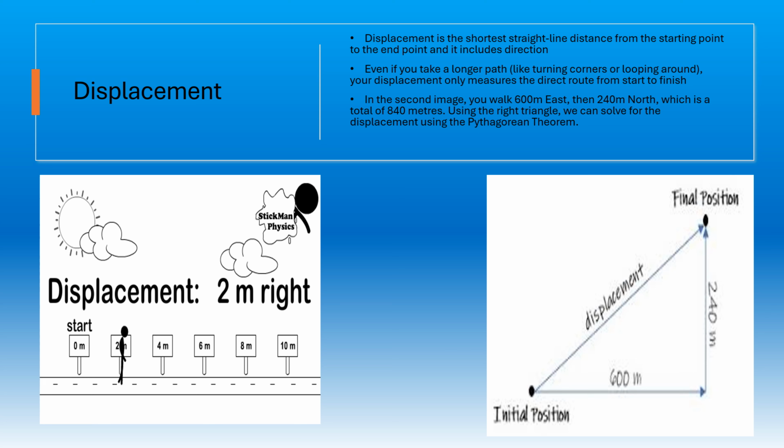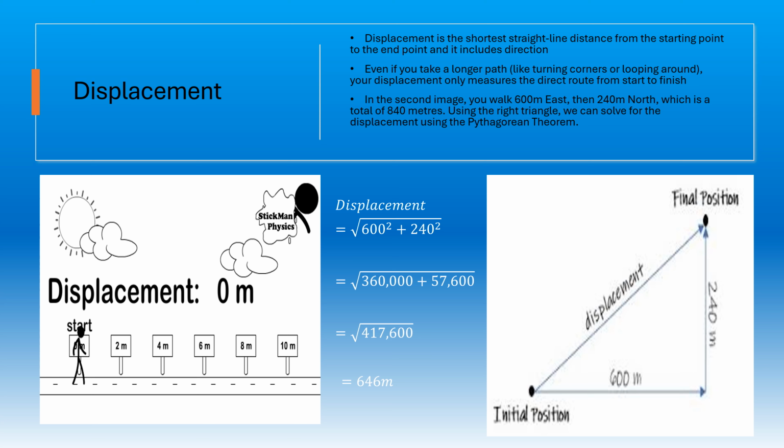The displacement would be the square root of 600 to the power of 2 plus 240 to the power of 2, which would be the square root of 360,000 plus 57,600, which can be simplified to 646 meters. So the displacement is 646 meters in a direct line from start to finish.